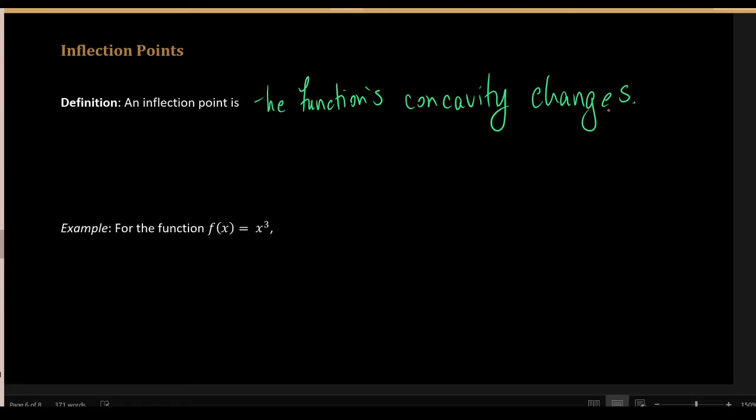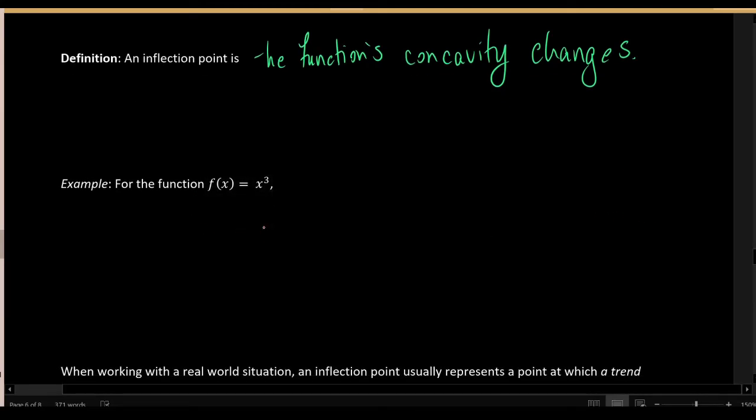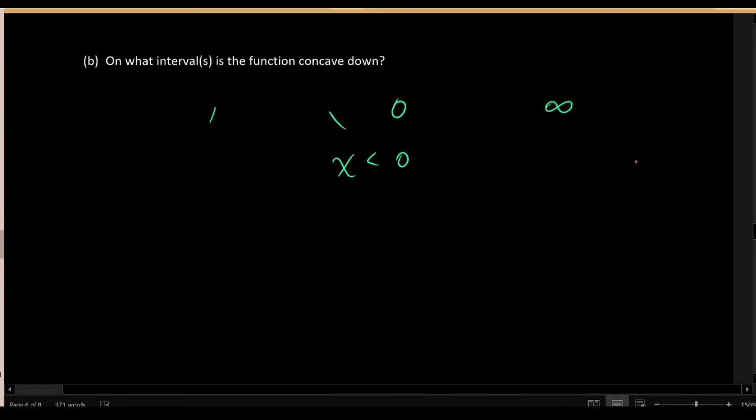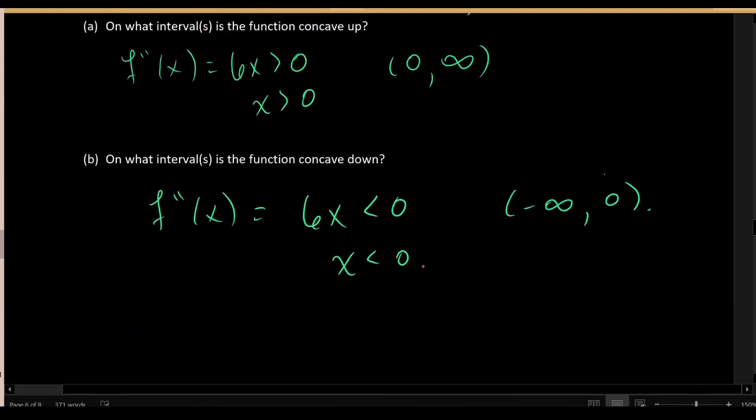For example, for this function f of x equals x cubed, an inflection point, and the only inflection point, was attained at this location where x is equal to 0, because the function was concave down everywhere to the left of 0, but then it switched to concave up.